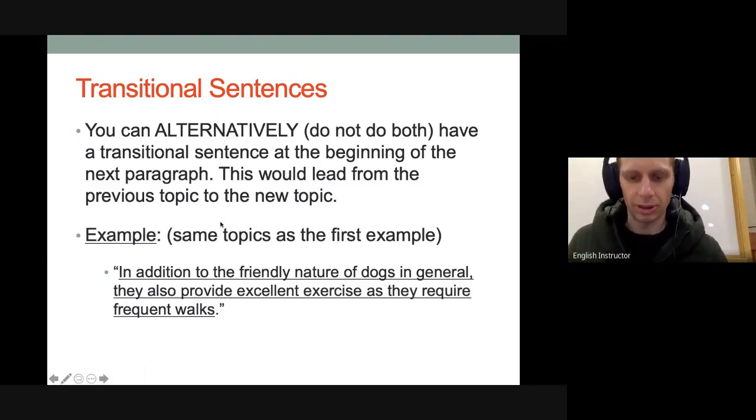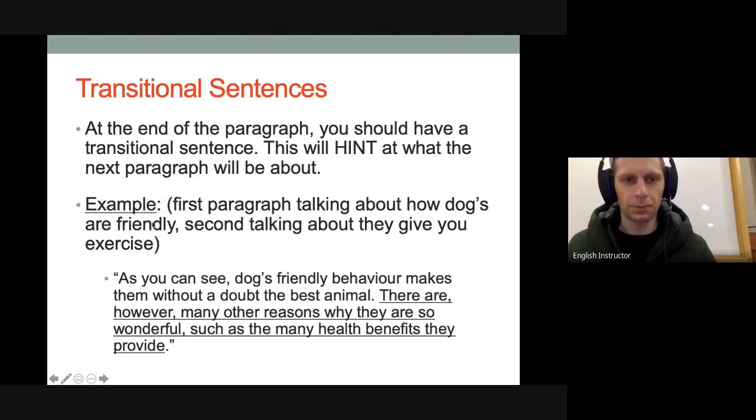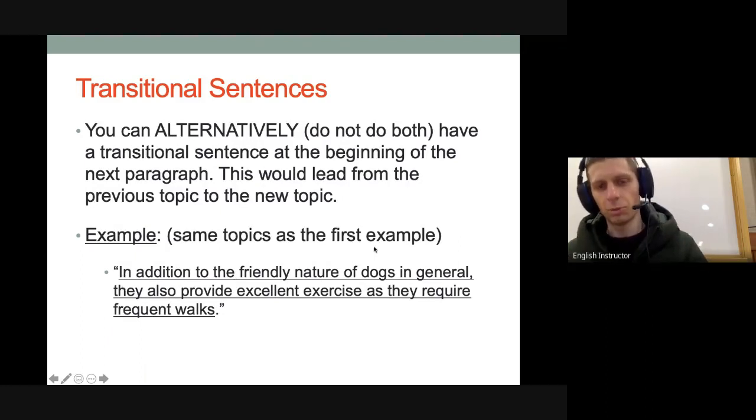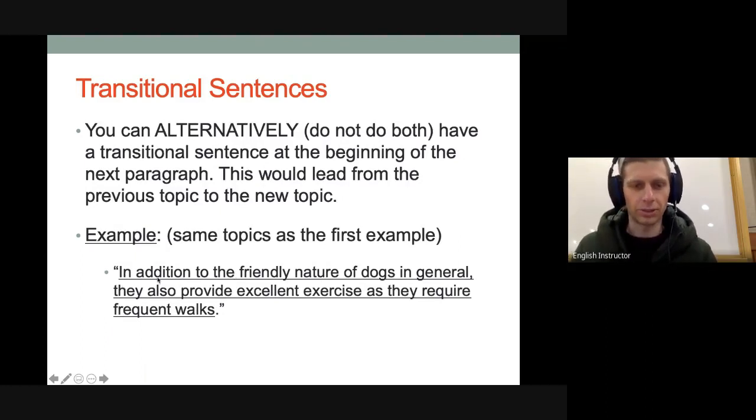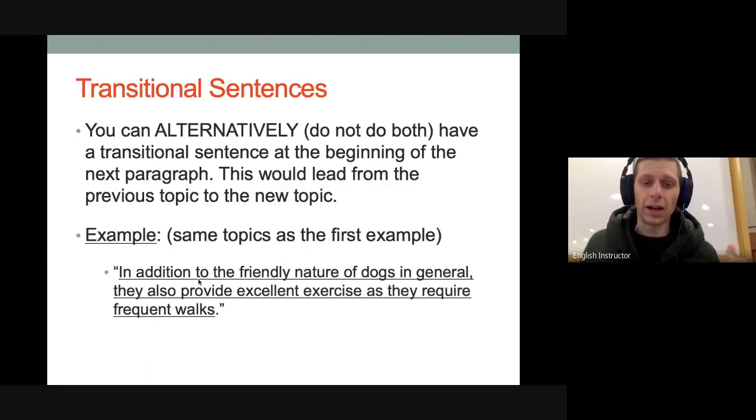So if we use the same topics as before, dogs are friendly and then dogs give you exercise, then the new paragraph might start with this transitional sentence. So, in addition to the friendly nature of dogs in general, they also provide excellent exercise as they require frequent walks.